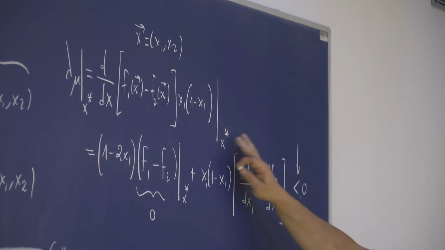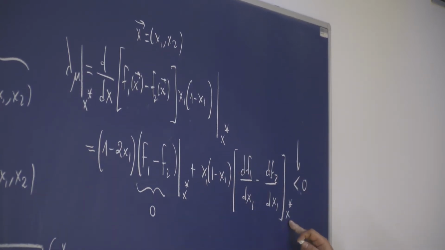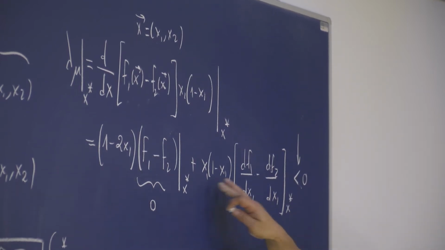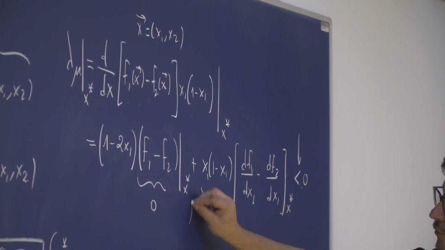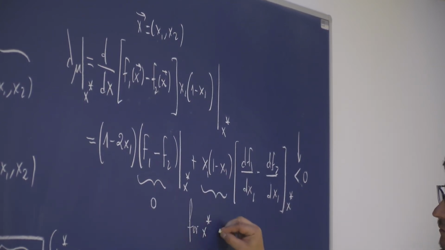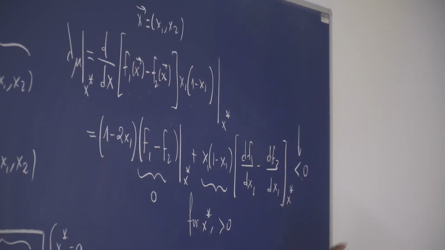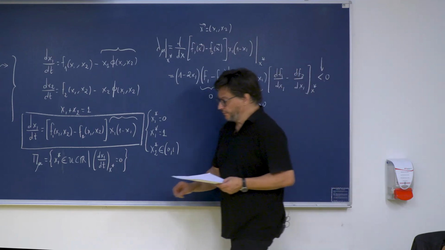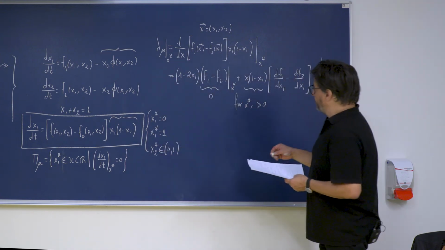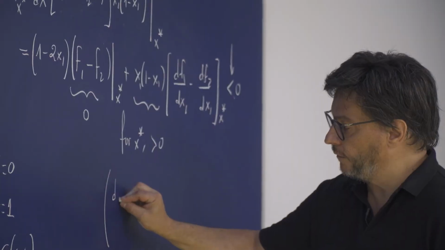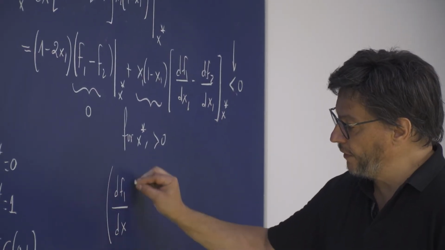All this is evaluated at x star, whatever the value is between 0 and 1. Since it's between 0 and 1, this here is going to be some positive number, right? I know that for x star, it is going to be positive, right? What about that? Well, that depends, right? And in fact, the final result is that this condition leads to the following condition for stability.